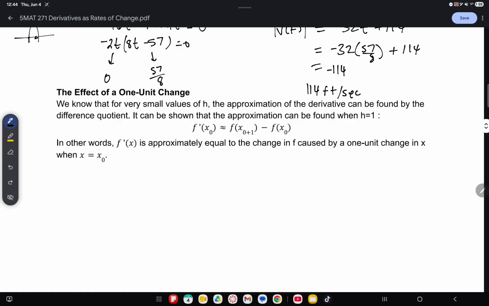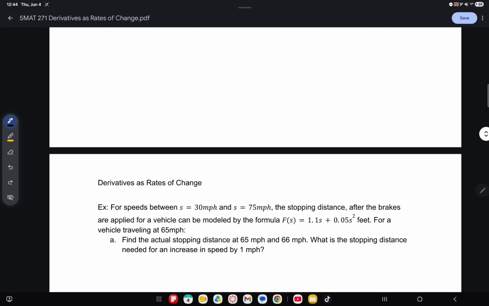And we can say that the derivative of a value is approximately the function value of the next one minus the function value of the original. So it's an approximation. In other words, the derivative is approximately equal to the change in the function by a 1 unit change in x.